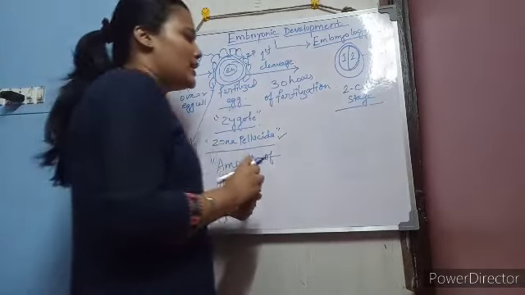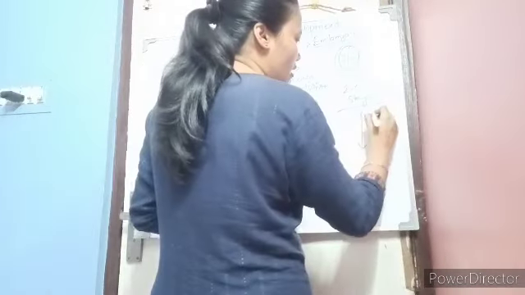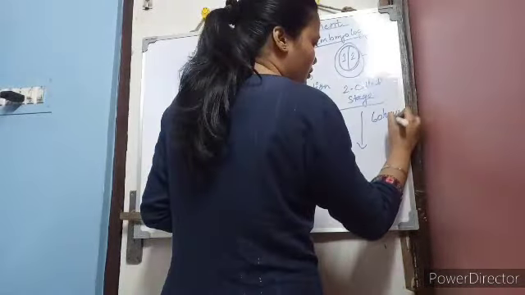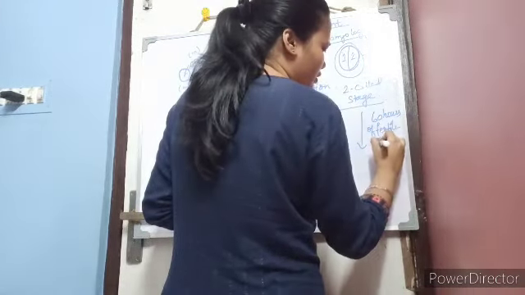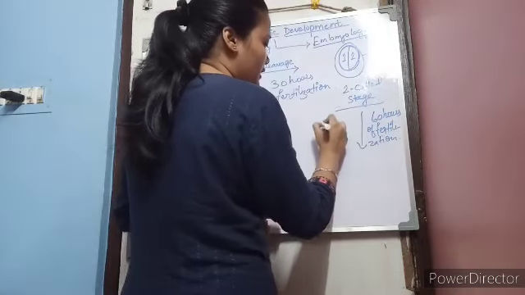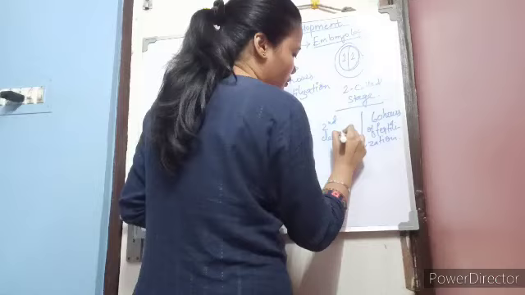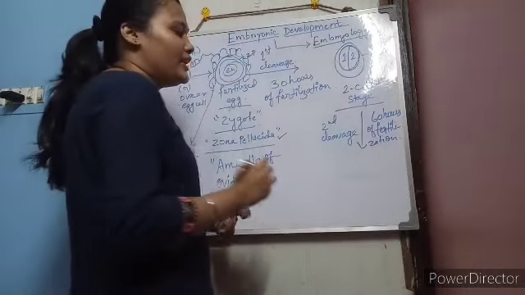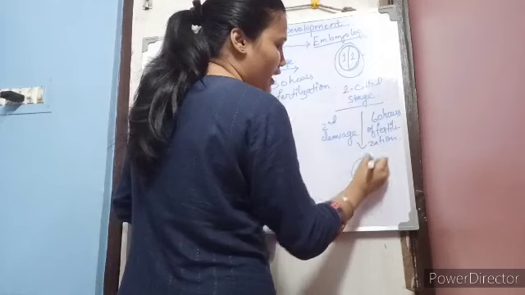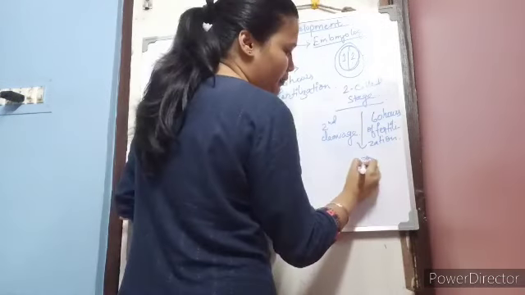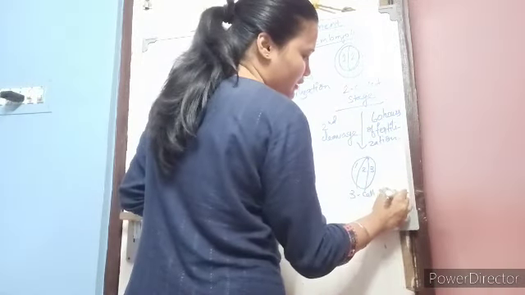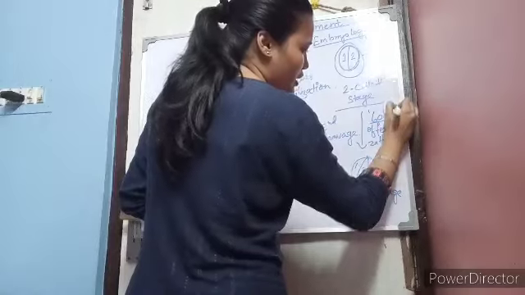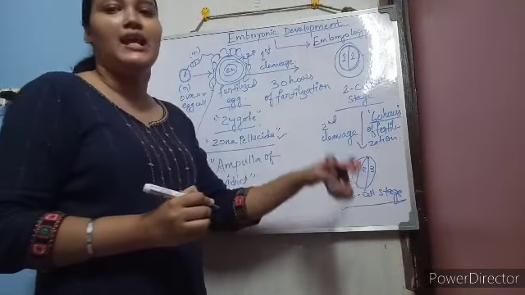Now after 60 hours of fertilization, the second cleavage occurs. In the second cleavage, the first 2 cells will again divide, and it becomes a 1, 2, 3 stage. This takes place at 60 hours after fertilization, that is the 3-cell stage.